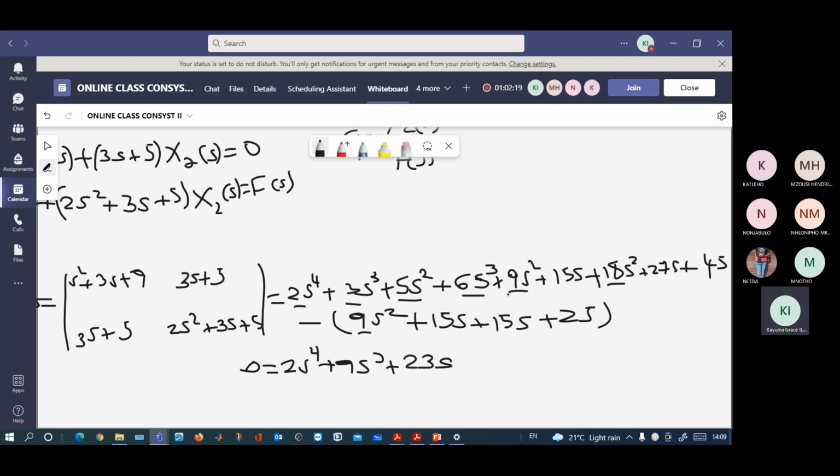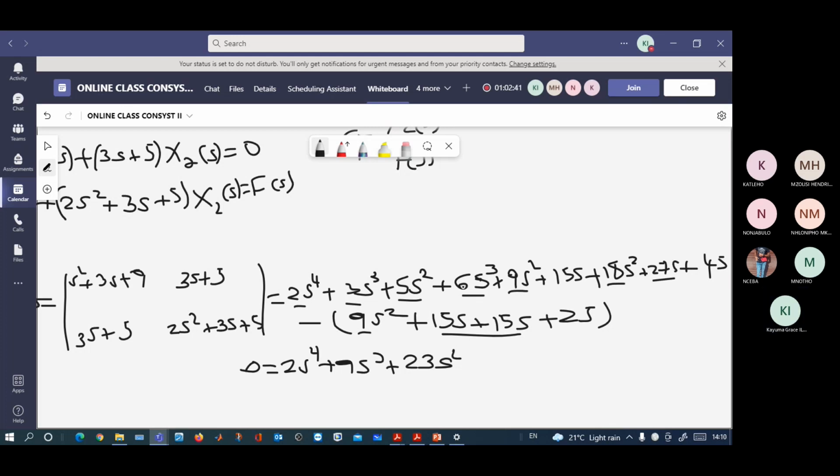So we have 5 plus 18, 23s squared. Then we remain with s: this is 30, and this one we have 27. So how many s do we have here?